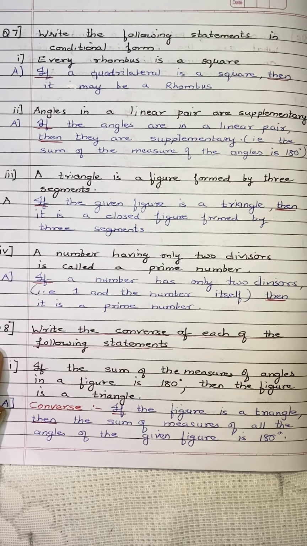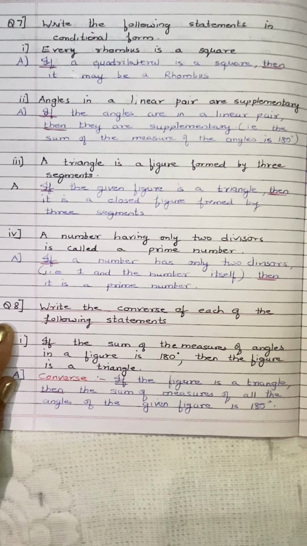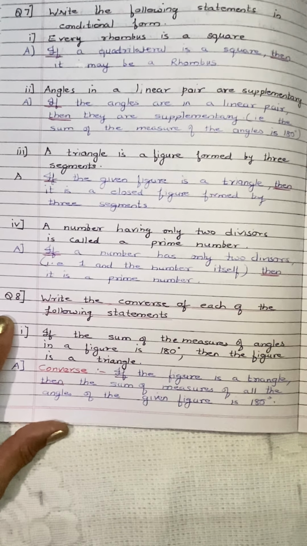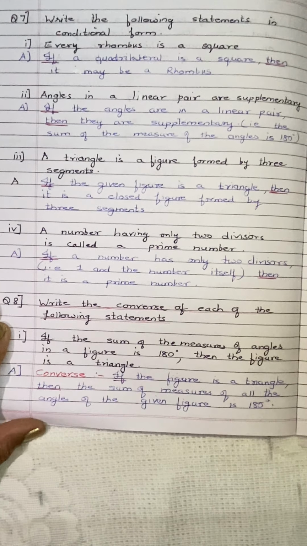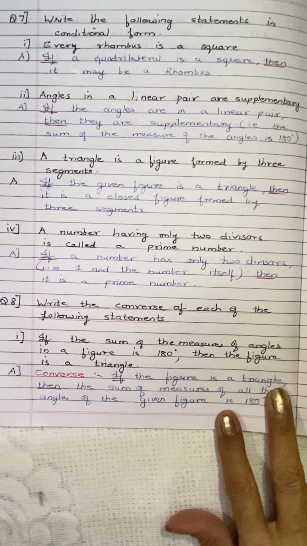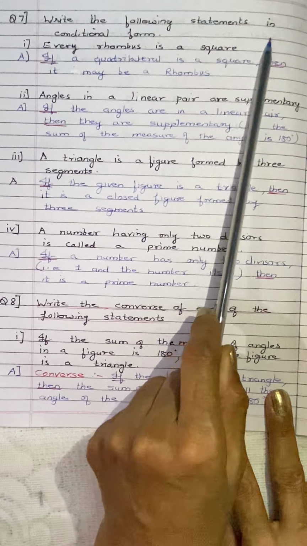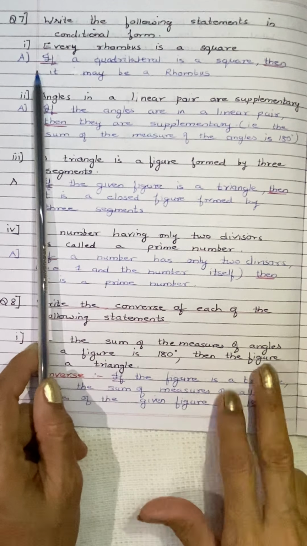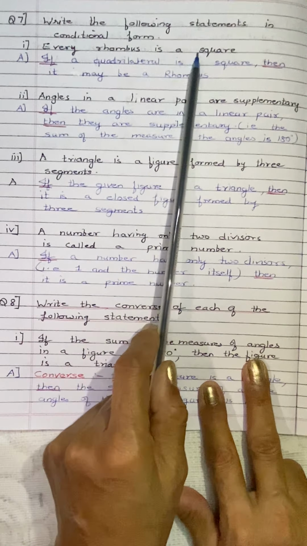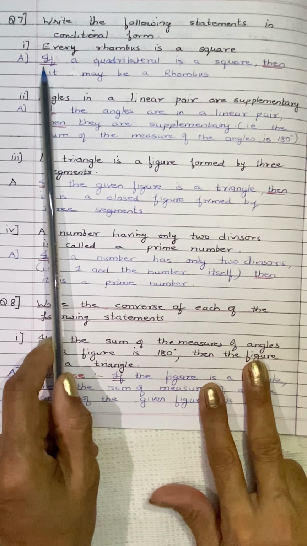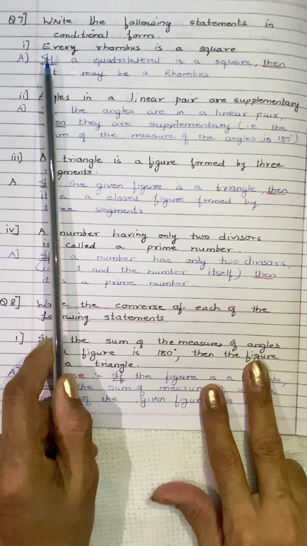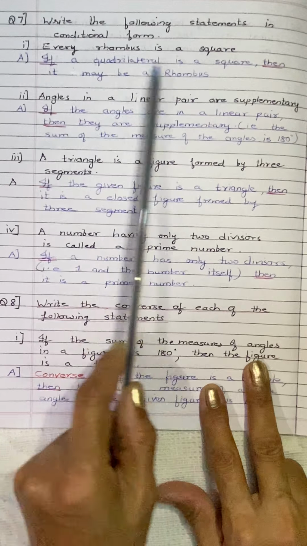Let's come to question 7. Write the following statements in conditional form. Now, every rhombus is a square. Now conditional form, when we say this, there has to be an if and then.